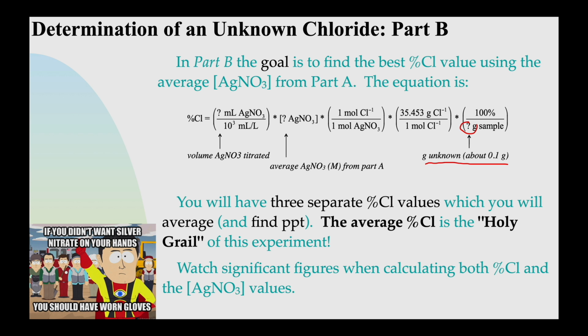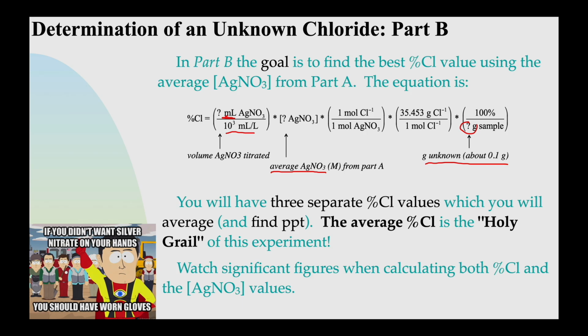Now, you also know how many milliliters of silver nitrate it took to get to that endpoint, to the equivalence point. If you take the milliliters and turn it into liters, which means divide by 1,000, you'll have the liters. Then you can multiply by the average silver nitrate molarity from part A. So the average of your 3 trials in part A is going to be used in part B. It's going to go right there.